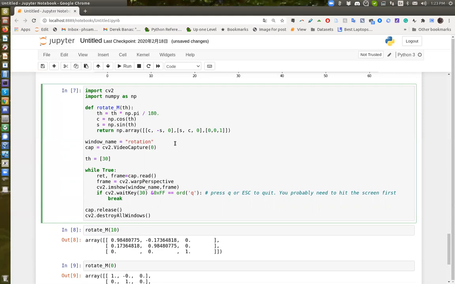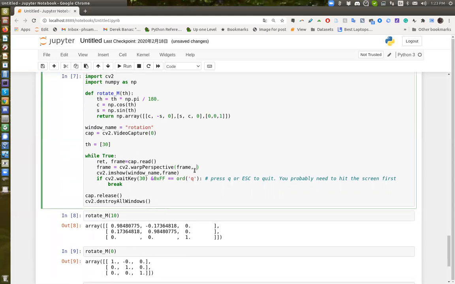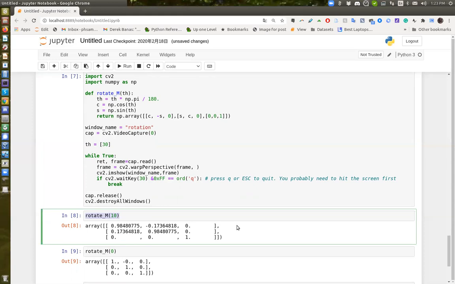Yeah, perspective. Basically you warp the image with your perspective matrix. So it's generic. If you have a different matrix, any perspective transform is okay. For example, any affine transform, like perspective transform, as we described last time. You can use this warp perspective to warp the image.